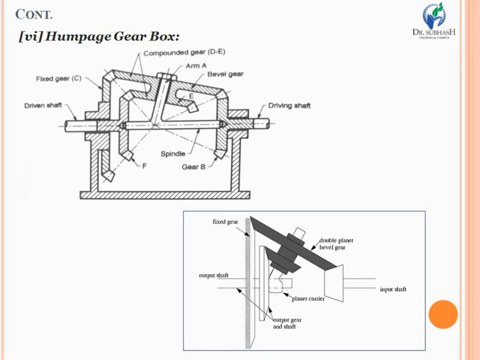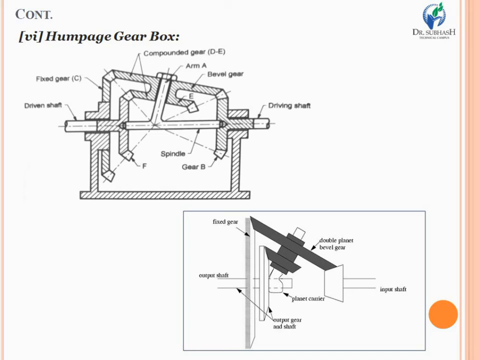Look at the diagram. You have been given two diagrams. From the diagram you can easily understand there is an output shaft, and on the output shaft the output gears are to be mounted.